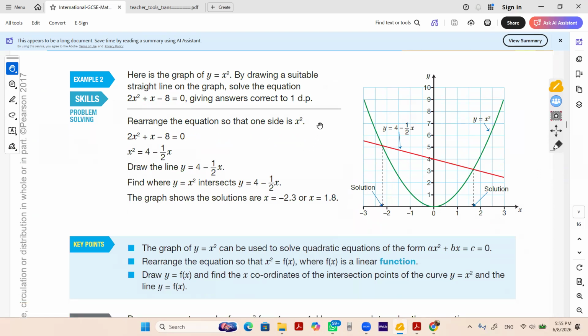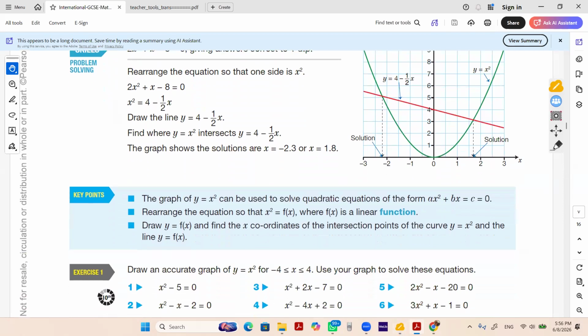Desmos we already use in the digital SAT. But in the IG or the British curriculum, we use a scientific calculator only, in Excel. Desmos we cannot use in the final exam. Okay.